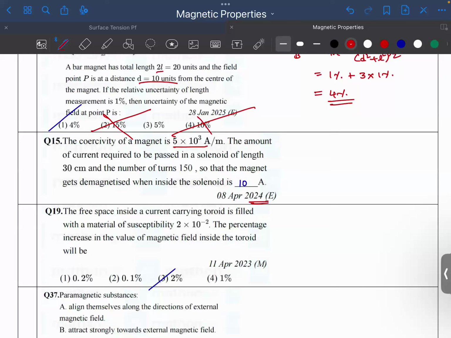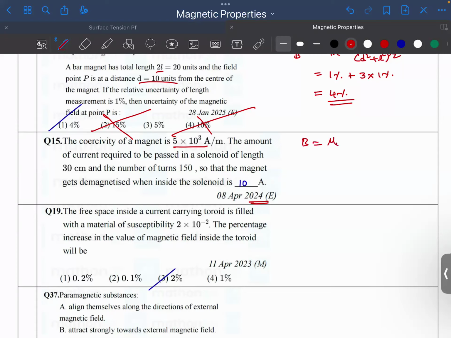Remember, this is 2024 question, last year. That syllabus, this syllabus is slightly different. The amount of current required to pass in a solenoid of length 30 centimeter, so that the magnet gets demagnetized. You know what they have given? They have simply given H.